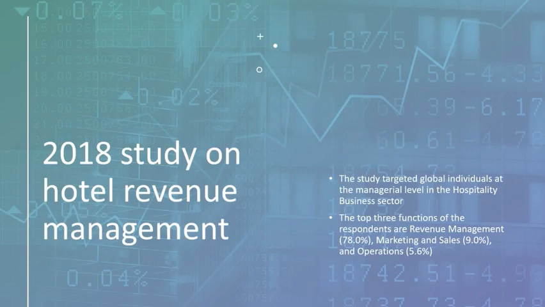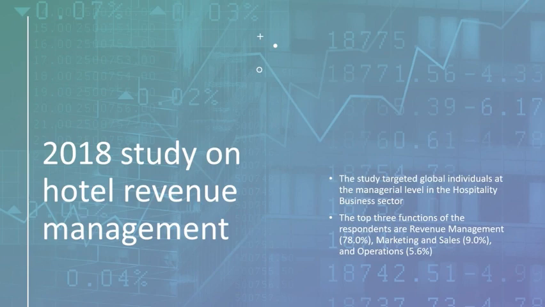Now, I would like to share with you findings of a 2018 study on hotel revenue management. HSMAI, Hospitality Sales and Marketing Association International, commissioned Singapore Institute of Technology to undertake research on revenue management. In this study, the purpose is to identify different revenue management metrics in use, their limitations, and possible new revenue management metrics.